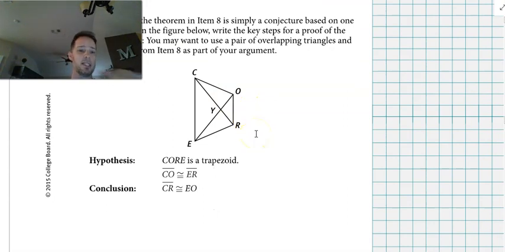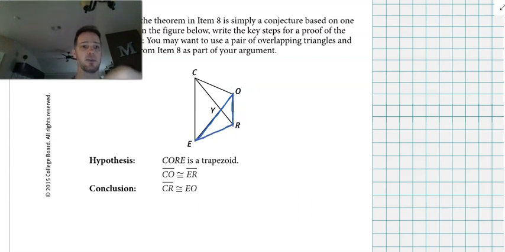And we could prove this even without numbers by using a couple of triangles here that we know to be true. If it's an isosceles trapezoid, let me mark this one here real quick as well. Then I know that this shared piece here is the same on both of them. The legs, because it's isosceles, are congruent.